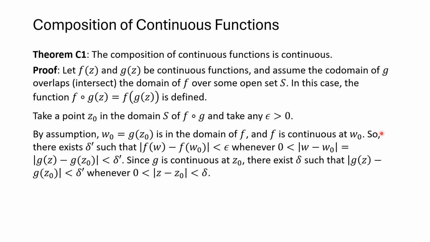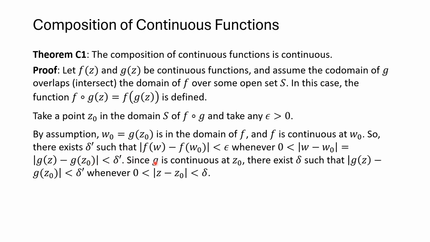So by definition of continuity, there exists a delta prime such that the modulus of f of w minus f of w sub 0 is less than epsilon whenever the modulus of w minus w sub 0 is greater than 0 and less than delta prime. And we note that the modulus of w minus w sub 0 is equal to, by definition, the modulus of g of z minus g of z sub 0.